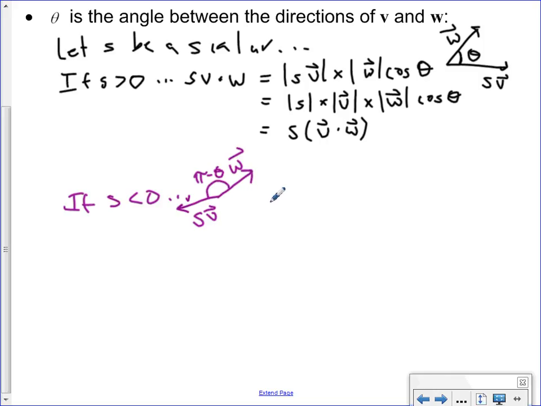You get it? Because the reference angle would be right here, so this would be theta, so this would be pi minus theta, because we're going all the way north. All right.